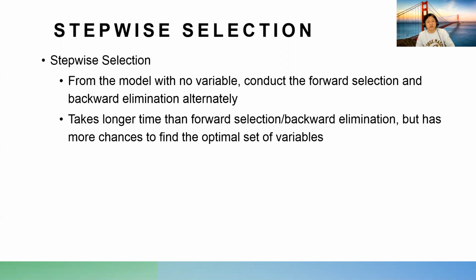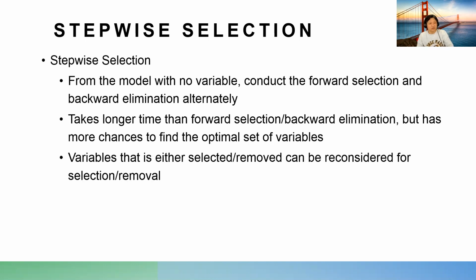But the limitation of forward selection and backward elimination is that once a variable is selected or removed, it will never be removed or added in the subsequent models, right? But in stepwise selection, it tests all the combinations of your variables. So the variable that is either selected or removed can be reconsidered for the next selection or removal process.